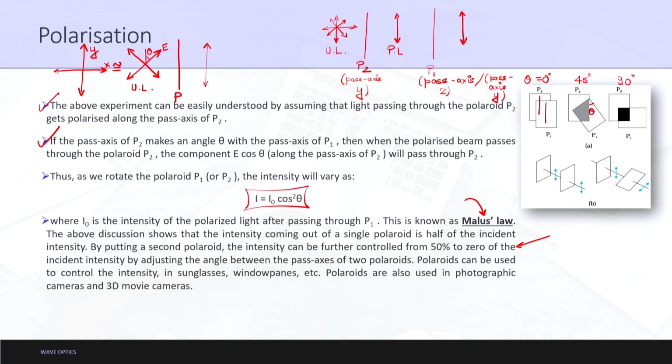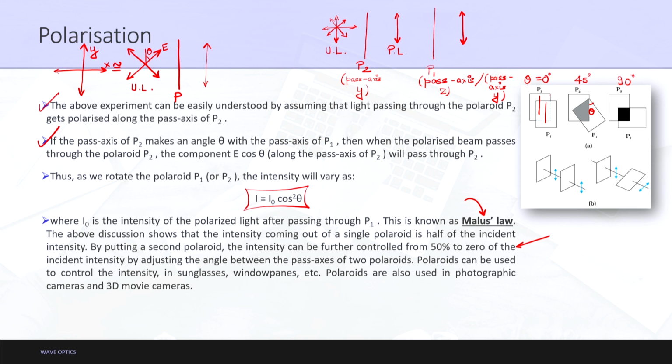When will it be 0? When the polarization axis is changed. Let us say the pass axis for the first was y and the pass axis for the second was z. Then the intensity on the final screen will be 0. So the intensity can be controlled from 50% to 0 of the incident intensity by adjusting the angle between the pass axes of the two Polaroids.